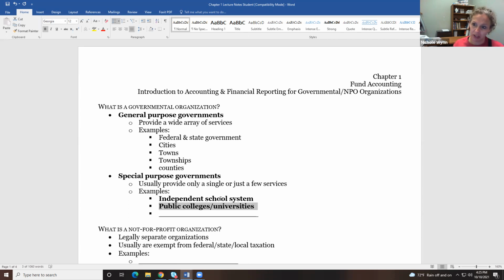Our students get financial aid money, but we do not get money for every student that we educate, whereas USD 259 or K-State or Wichita State would get money for the support of individual students. And then the other one is public hospitals. If there is a city-run hospital, that would be another example of a special purpose government, because not everybody uses the hospital, but it's there to benefit the public, right?